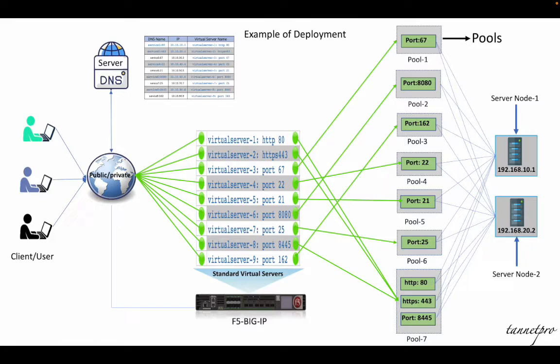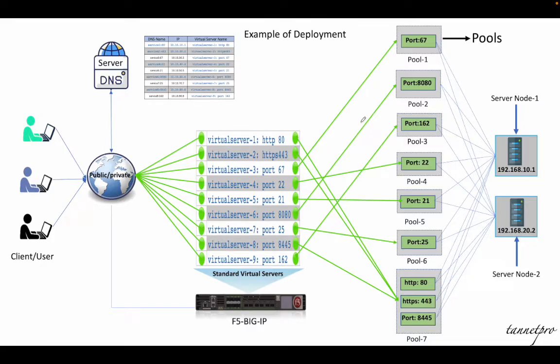Here I have given you 9 virtual servers with multiple services. Here I have given multiple ports, right? HTTP, HTTPS, 443. This kind of port I have bound to the virtual server.